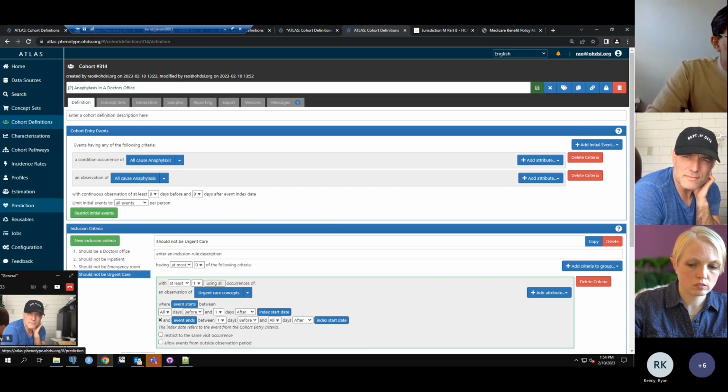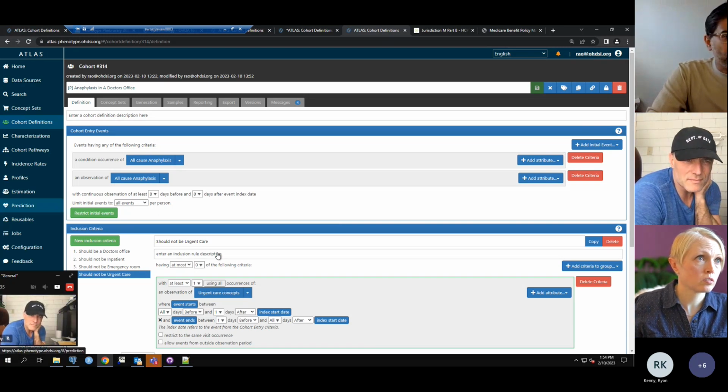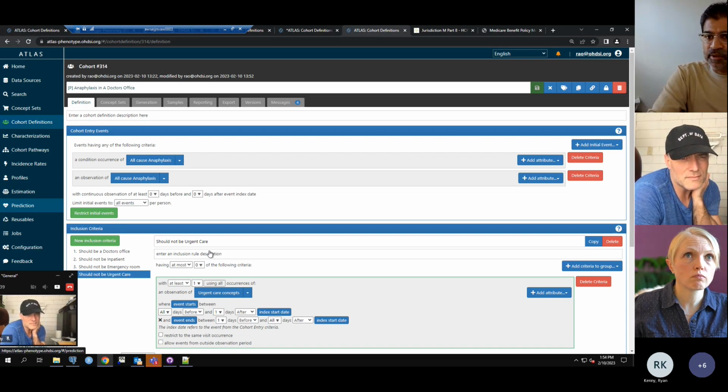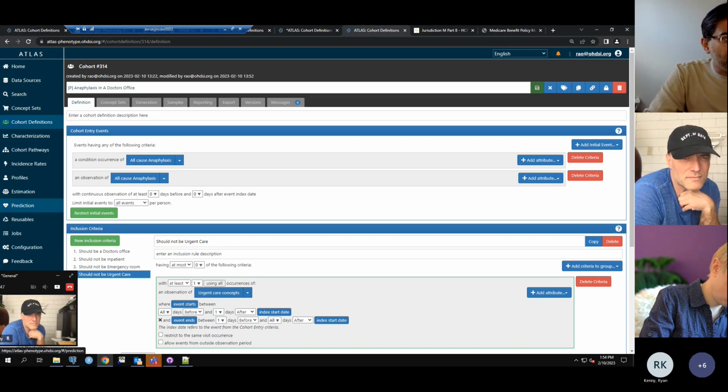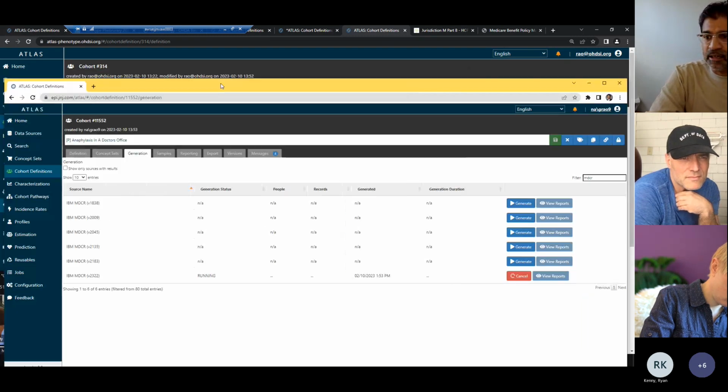Okay, so I have just imported this definition into the J&J's Atlas instance, and I'm now executing the same on about 5 data sources. So they should have the results in a few minutes, hopefully. And I'll pull up the attrition diagram for it.